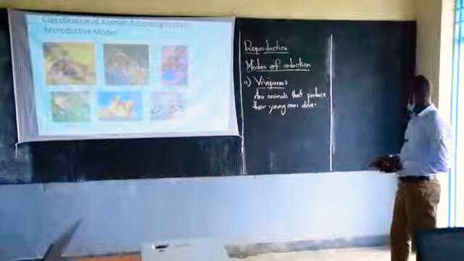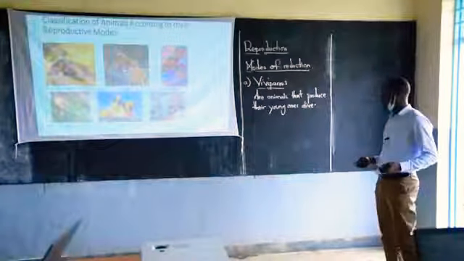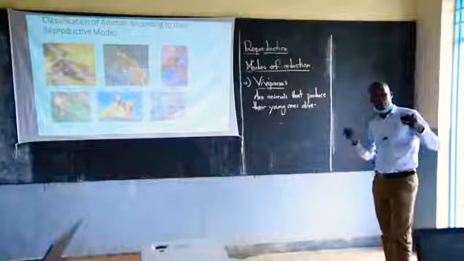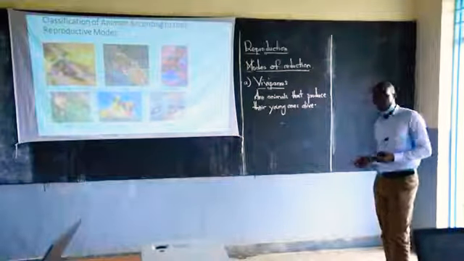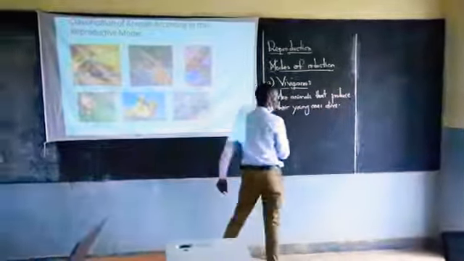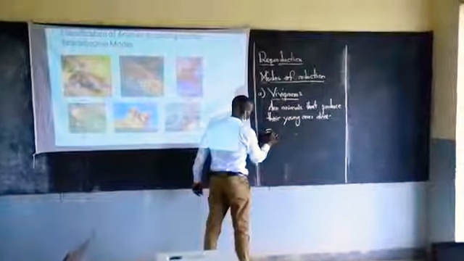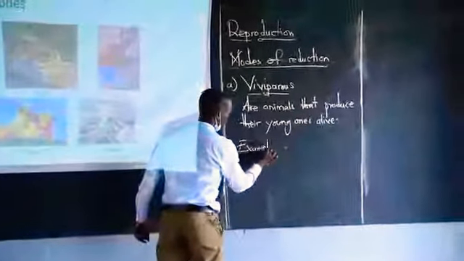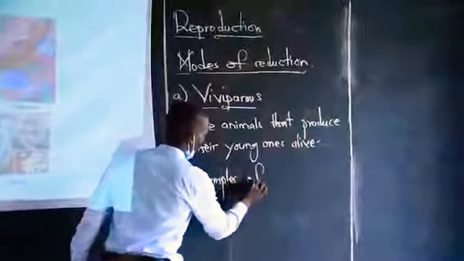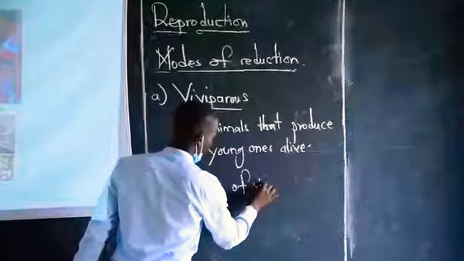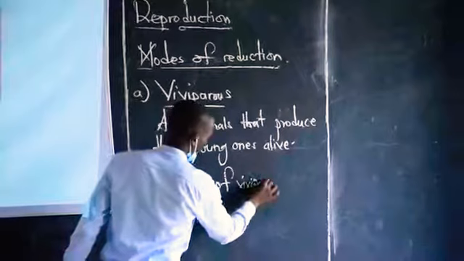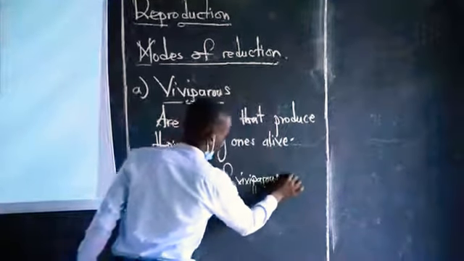We're going to see very many animals that give birth to young ones alive. Those animals we can call viviparous animals. So you can simply look at examples of animals here.